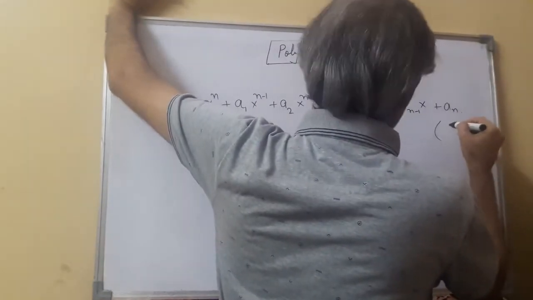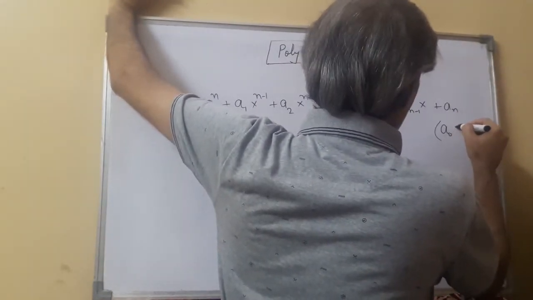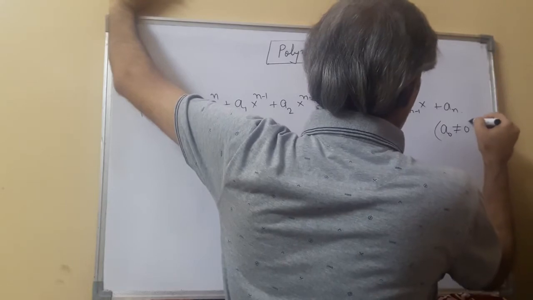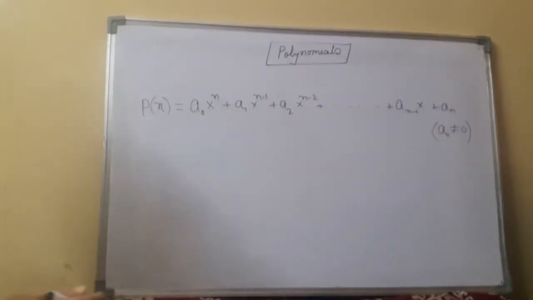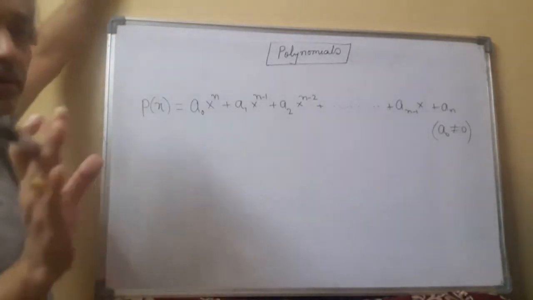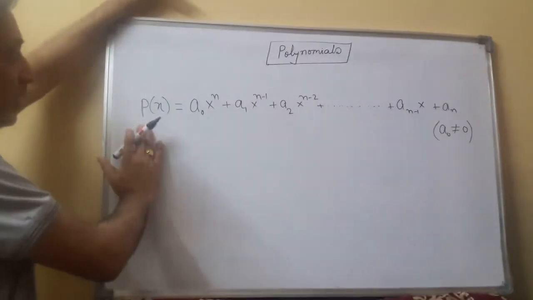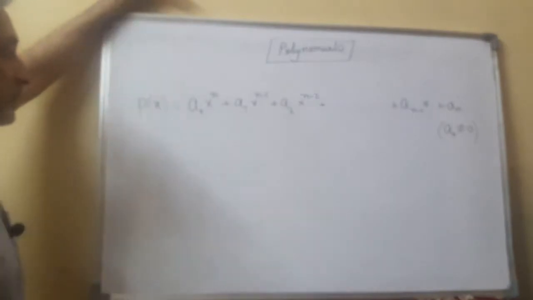Condition being a naught, or a0, should not be equal to 0. I have written the most general form of a polynomial of degree n.